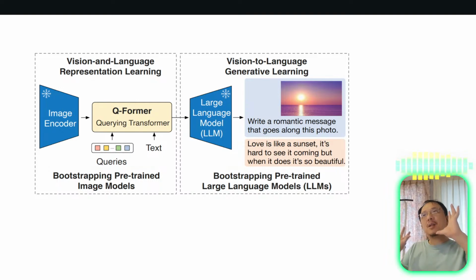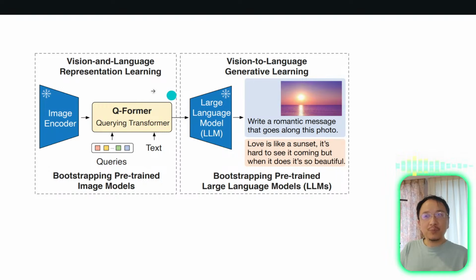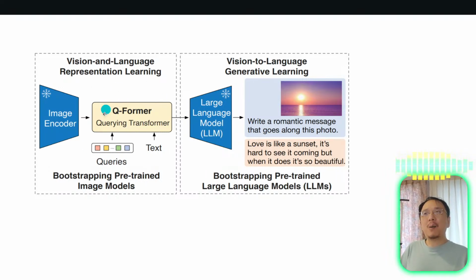So BLIP-2 provides a bridge so that we can combine these two already existing pre-trained models together to become a multimodal model by using a Q-Former to combine them.